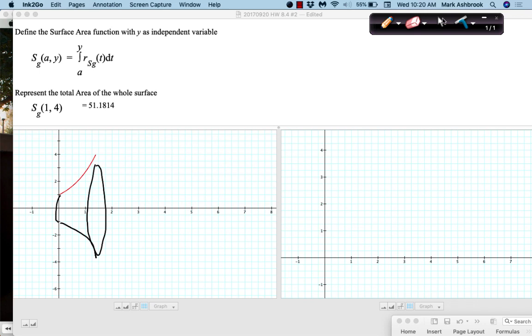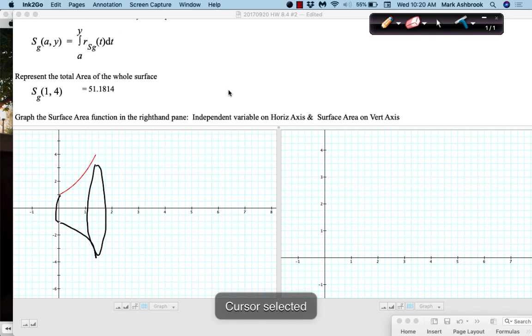All right, now I want to graph the surface area function in the right-hand pane, independent variable on the horizontal axis, surface area on the vertical axis. Go.